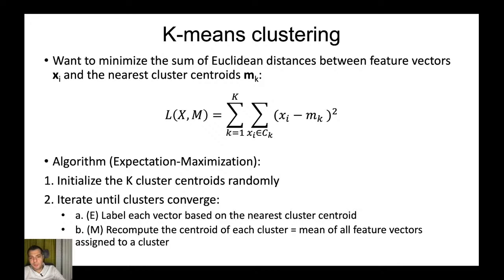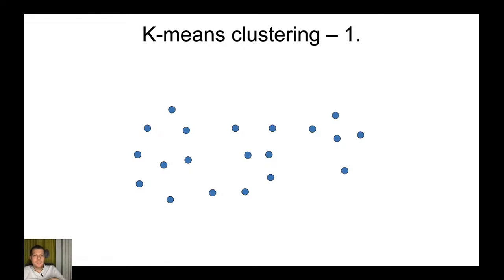First we have the expectation step in which we label each vector based on the nearest cluster centroid, and then in the maximization step we recompute the centroids of each cluster as the mean of the feature vectors or the data points assigned to the cluster.